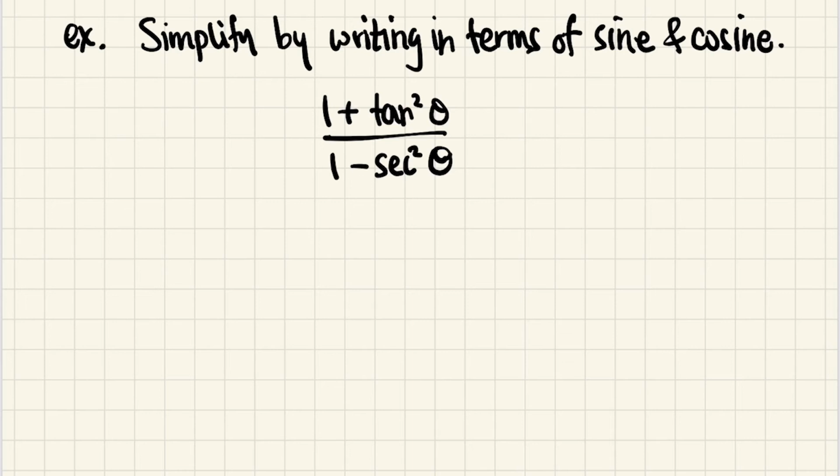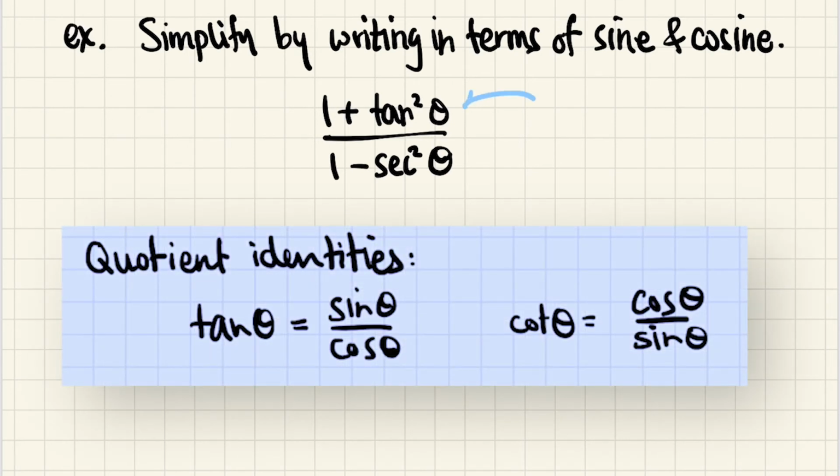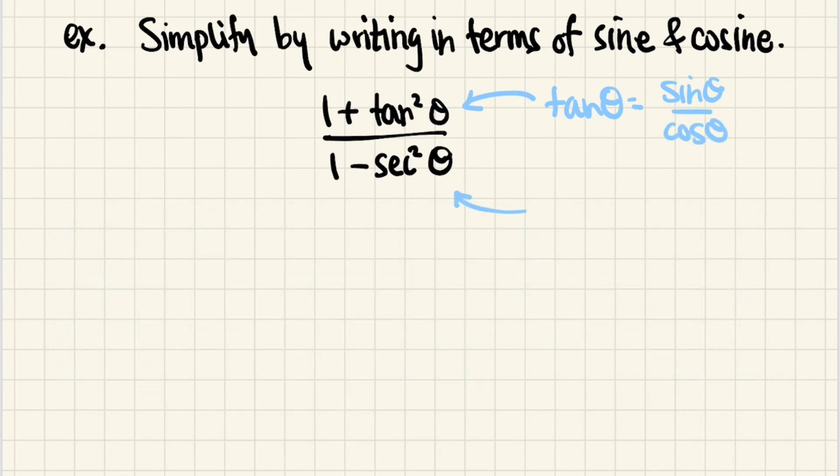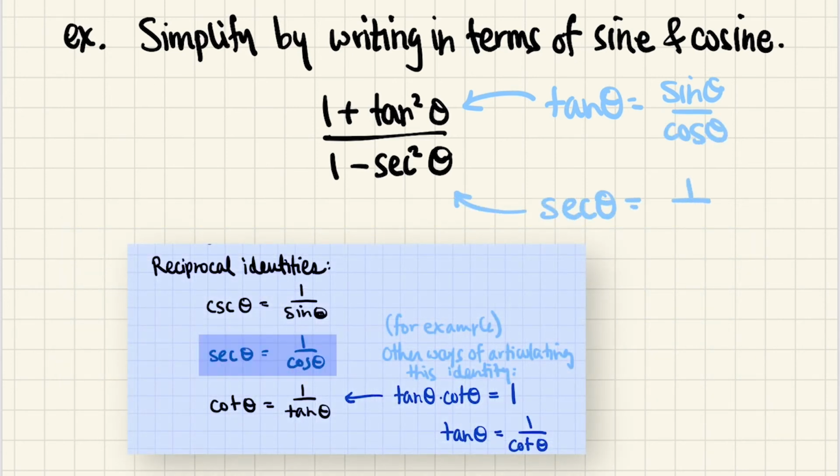Now, this doesn't just say simplify, it says simplify by writing in terms of sine and cosine. And this is acknowledging a fact that every single trig function, of the 6, of course, can be very easily written in terms of just sine and cosine. For instance, tangent is sine divided by cosine. And secant is 1 divided by cosine.